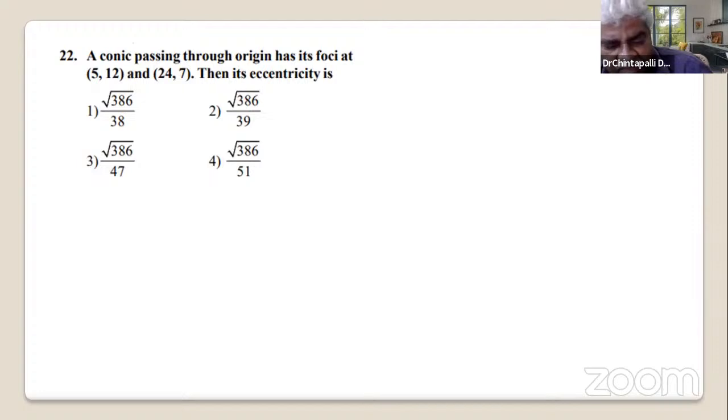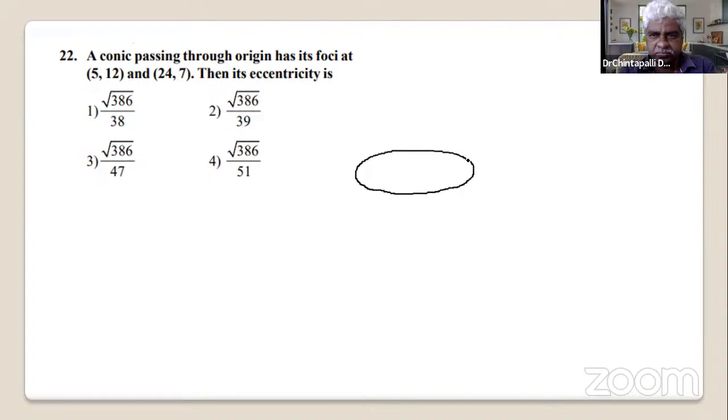We need to learn a few more topics. See, it is an ellipse.